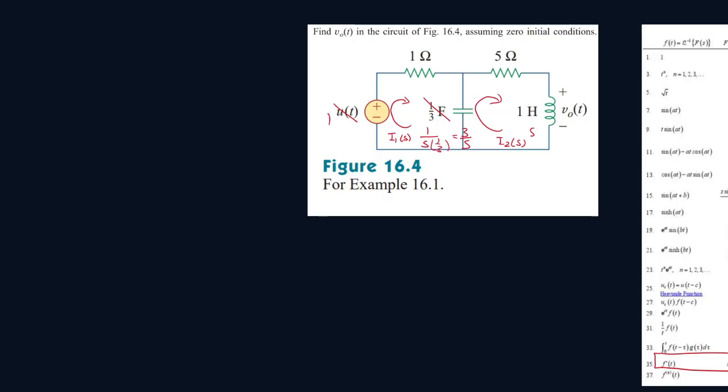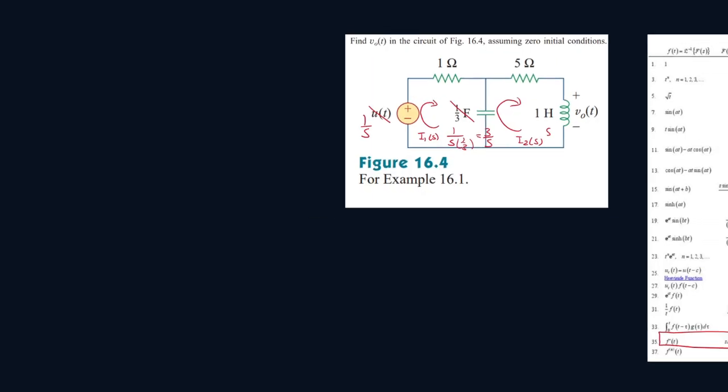Oh yeah, and this is 1 over s. Sorry, I forgot to write that. So it'll be minus 1 over s plus 1 ohm times I1 of s, plus 3 over s times I1 minus I2.